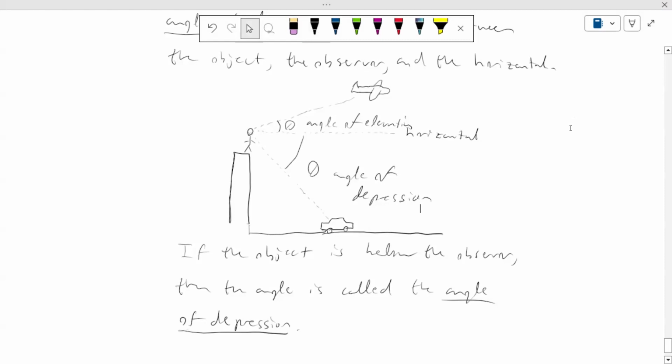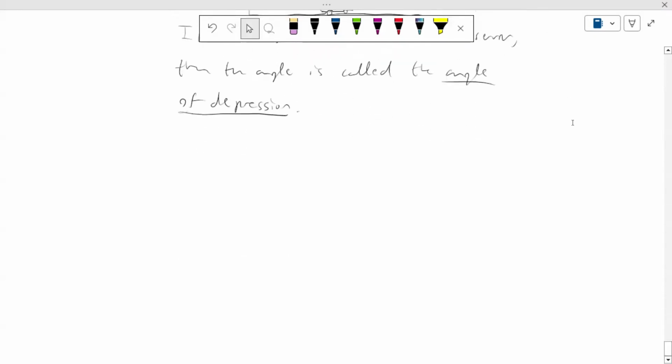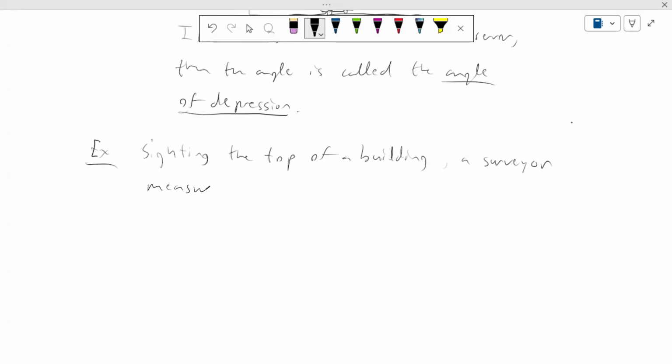So now how can we use that in order to find distances? Right, so let's look at that. As an example here, citing the top of a building, a surveyor measured an angle of elevation to be 22 degrees.